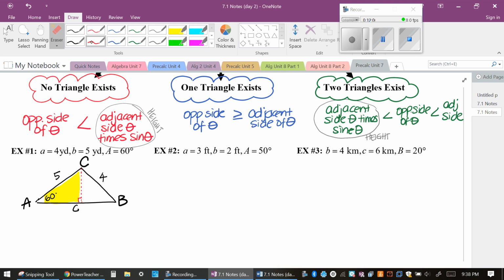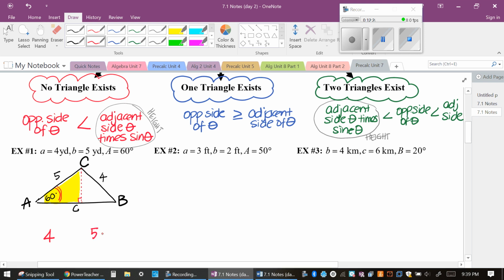Great. I'm going to take a look. So here's my given angle, 60 degrees. I'm going to look at the opposite side of theta. The opposite side of theta is 4. I'm also going to look and see what the height is. That's the adjacent side. Now notice there are 2 adjacent sides, 5 and C, but we don't know C, so we're going to use the given one.